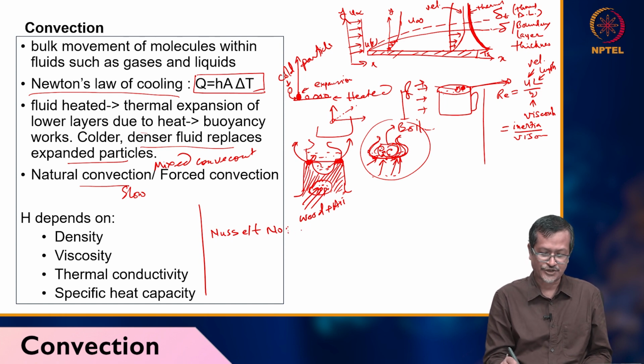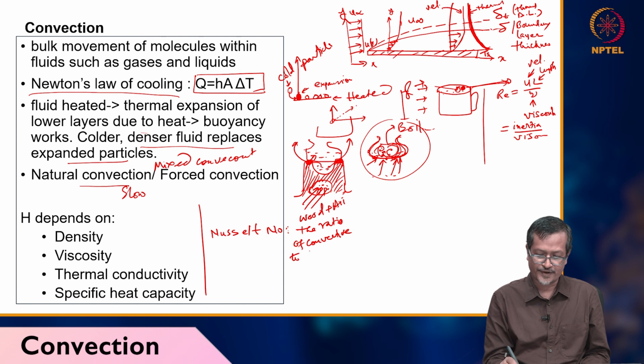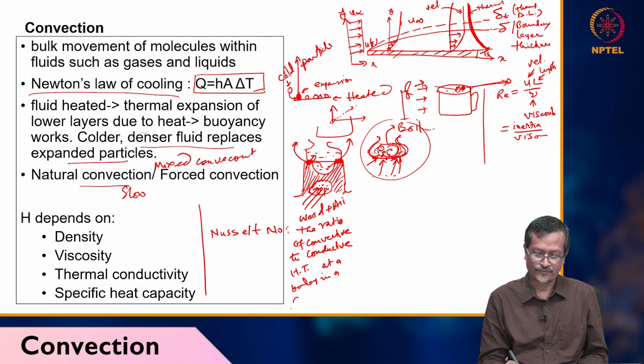The Nusselt number is the ratio of convective to conductive heat transfer at a boundary in a fluid. So the formula is hL by k.